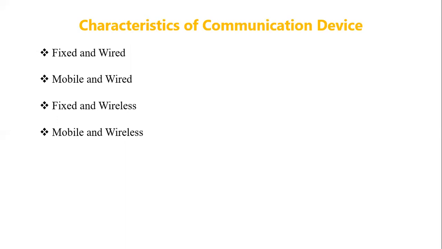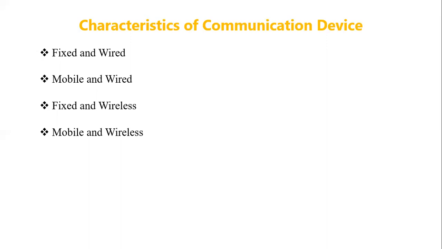And the third category is fixed and wireless. That is, the devices are fixed. Here the devices are not going to move. They are fixed in one place. But still we are not going for a wired option. We are going for a wireless option. The reason is, for example, it may be a historical building, and in that historical building, you may be installing some CCTV cameras and some displays to see the people at different places.